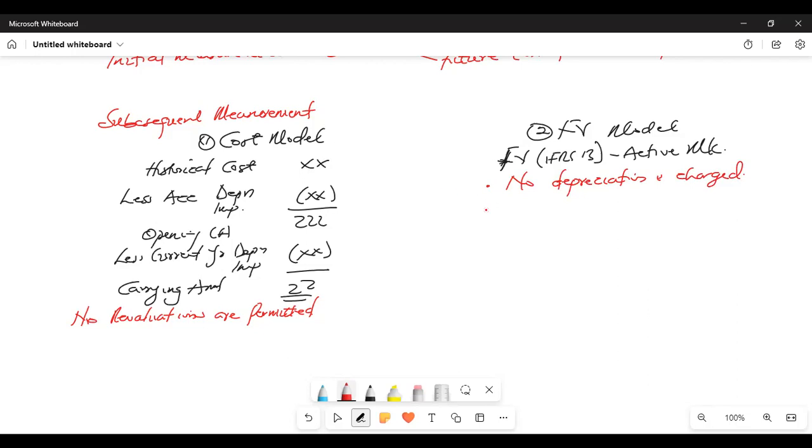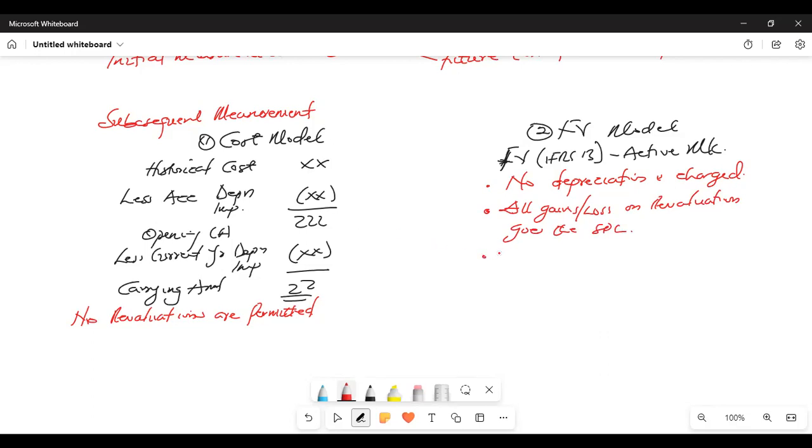All right. Key point number 2. All gains and losses on revaluation go to the statement of profit or loss, the SPL. All right. That is that.